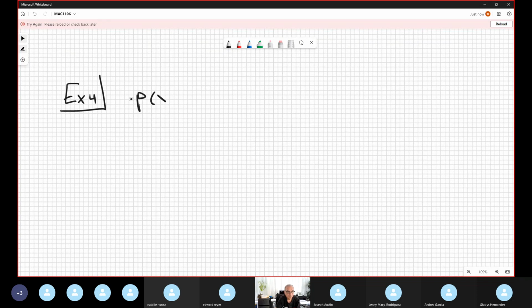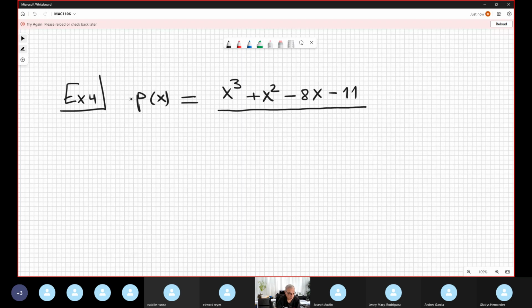Example 4 is P of x equals x cubed plus x squared minus x minus 11, divided by x squared minus 9.